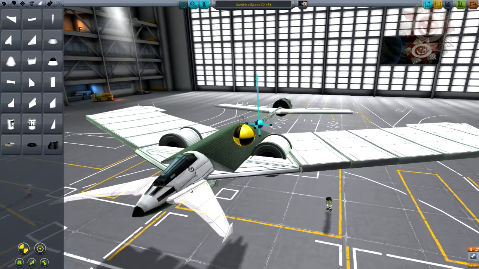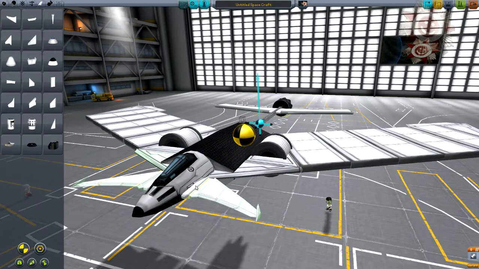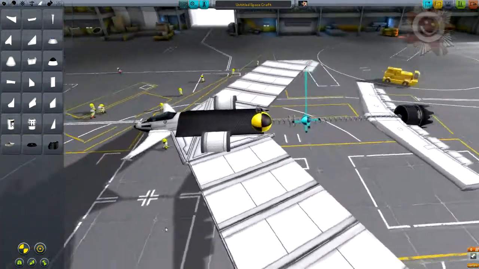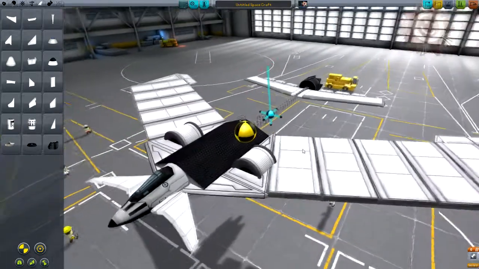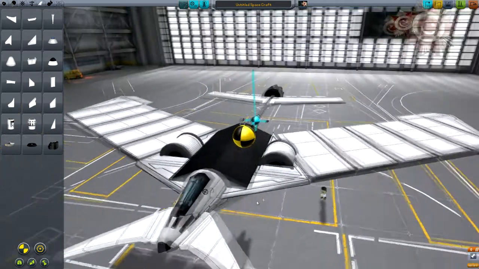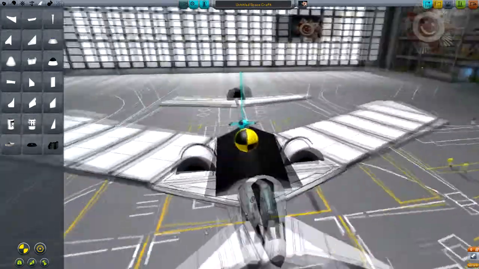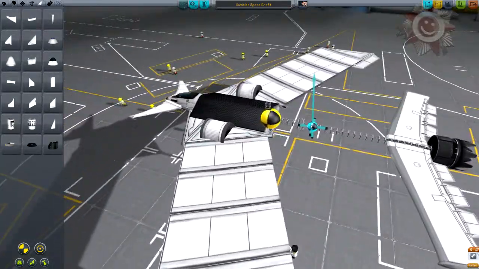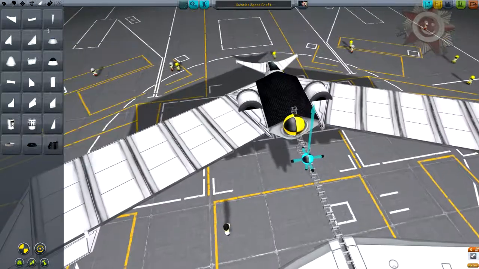Use the canard wings and see if that helps us. So a little bit, maybe if we place that wing right in the nose, it's closer.